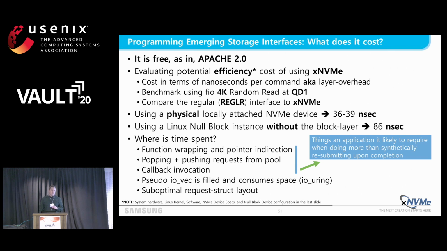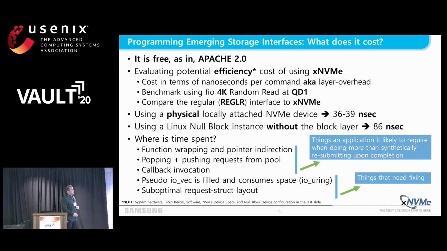And I think the best way to do this for xNVMe would be to use the new feature of io_uring, which allows you to use not the fixed buffers, but regular buffers without the iovec encapsulation. And there's definitely room for improving the request struct and the request layer in the actual implementation.